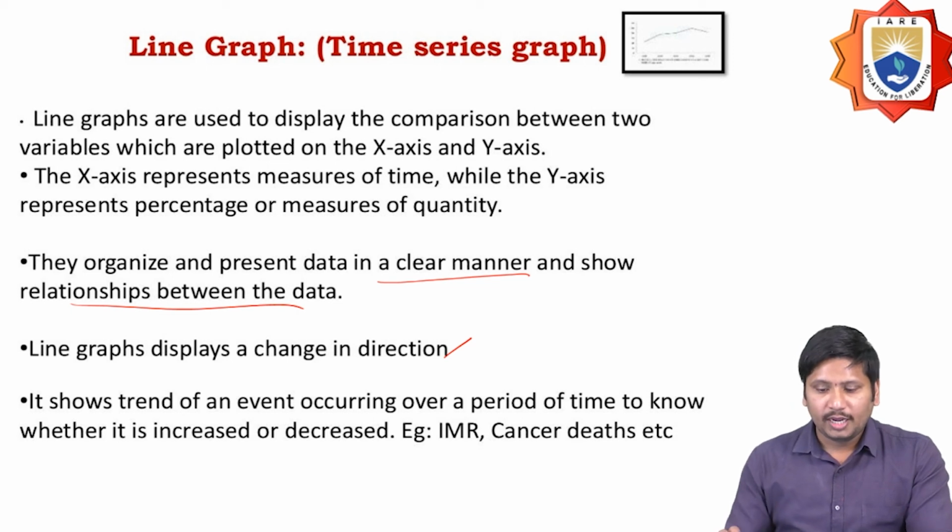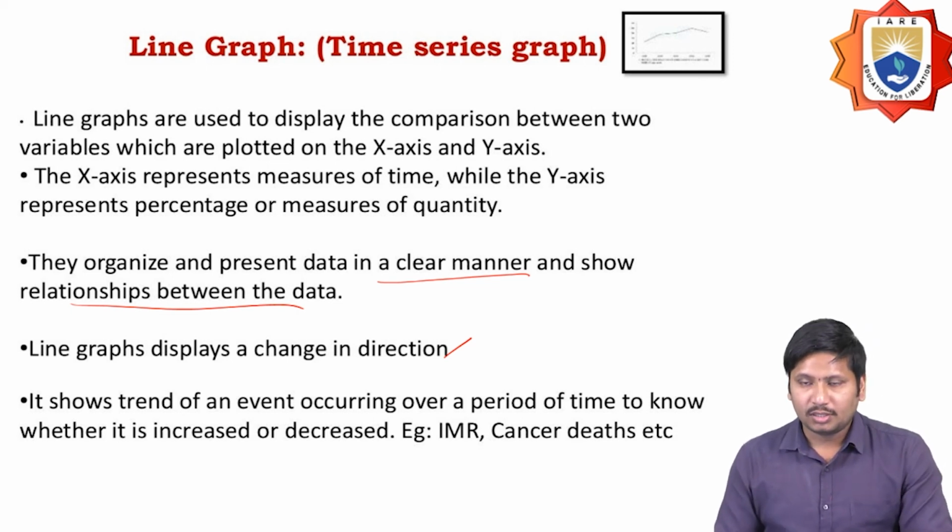So the line graph, or time series graph: the dots are plotted on the x and y axes. After joining all these points with a line, we call it a line graph. It presents the data in a very clear manner, shows the relationship between the data, and displays the change in direction.